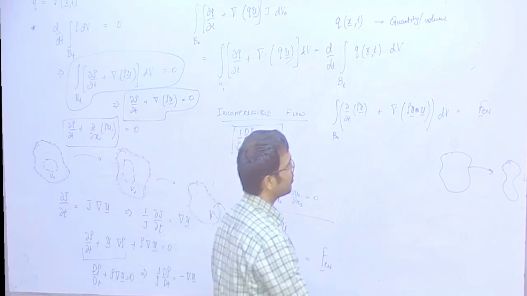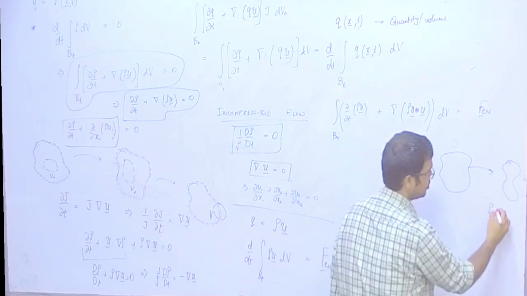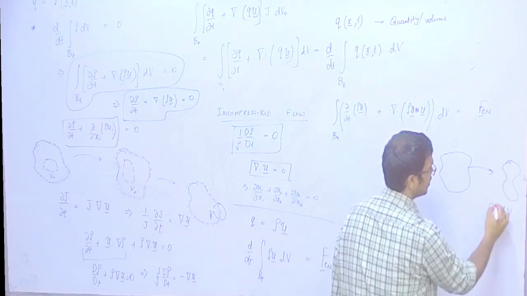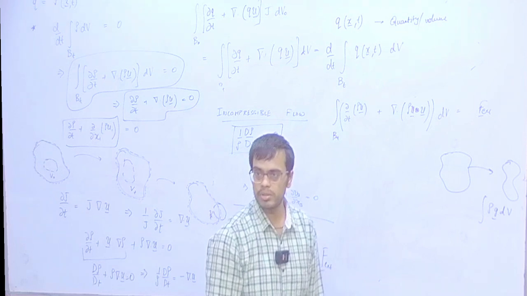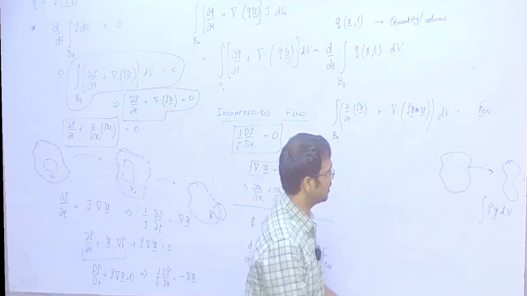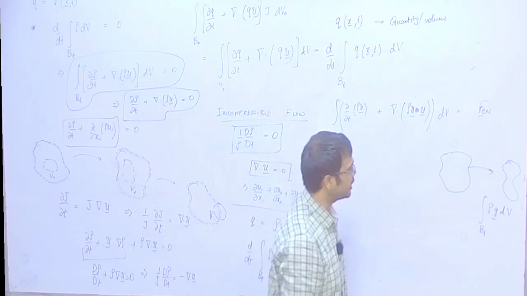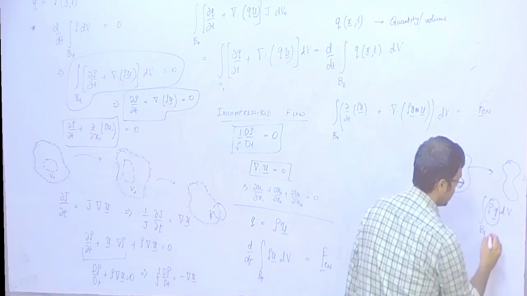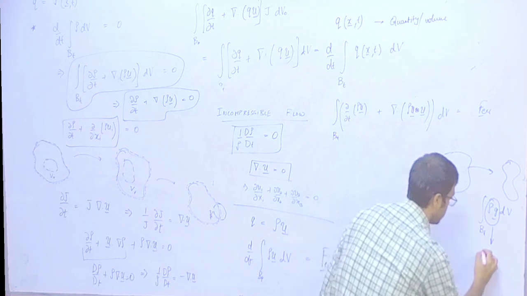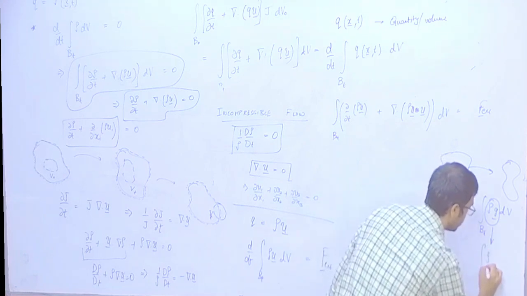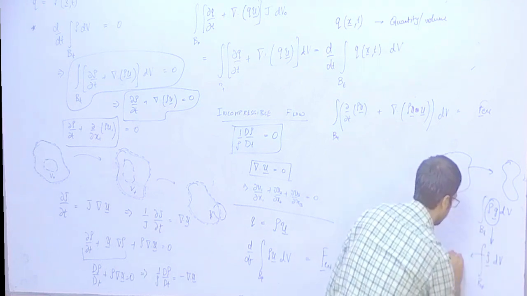So if there was gravity, I could have written it as integral of rho times g times dV. This would be the total gravitational force on B_t. Here this rho g, I am going to generalize as f times dV, where this f is called a volumetric force.